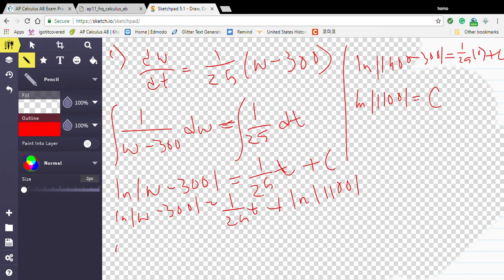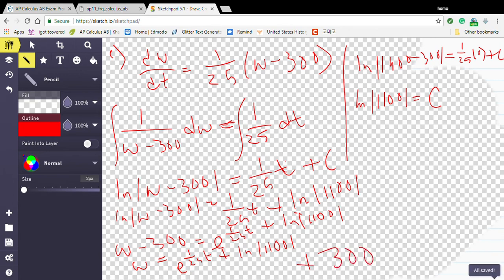So we have W minus 300 equals e to the power of (1/25 t plus natural log of 1100). Now we need to get rid of this 300, so we add 300 to both sides, and we get W equals e to the power of (1/25 t plus natural log of 1100) plus 300. This is your answer to C.